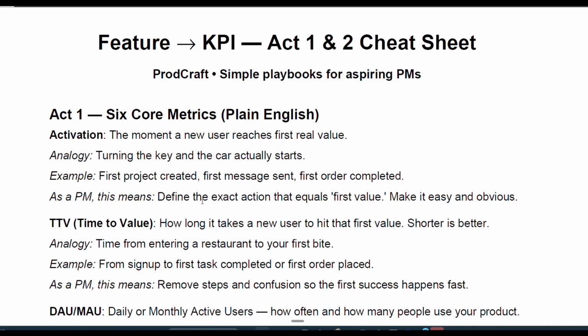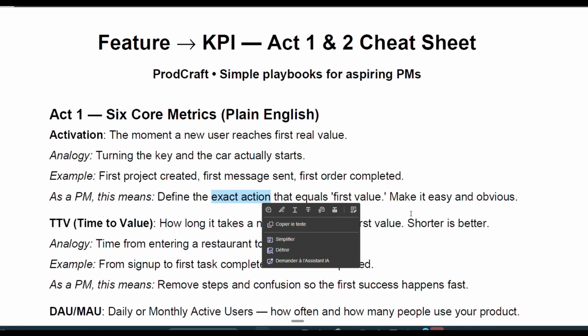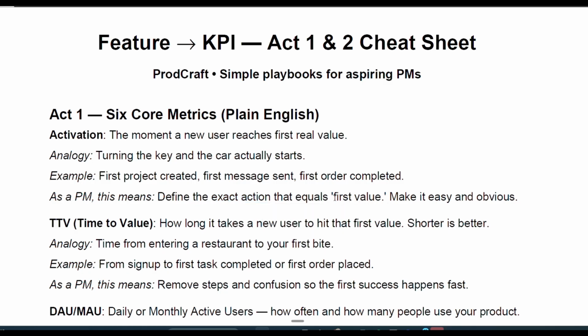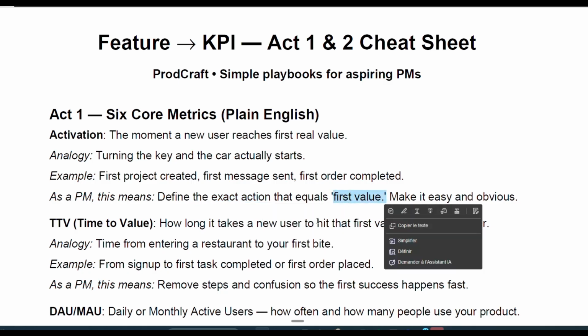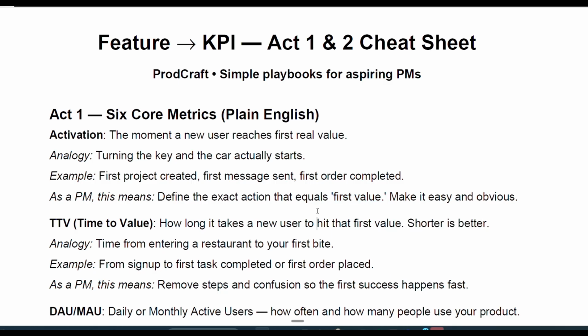So you need to define the exact action as a product manager that equals first value. Keep it simple. Keep it as just one simple task or action that defines the first value. And once that is completed, that is the aha moment for the user. That is also the aha moment for you as a product manager.